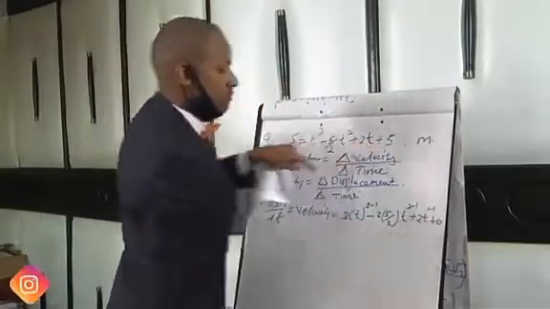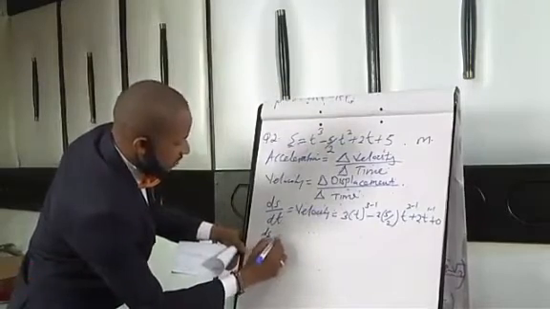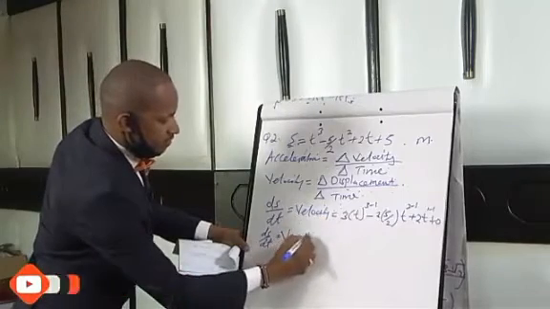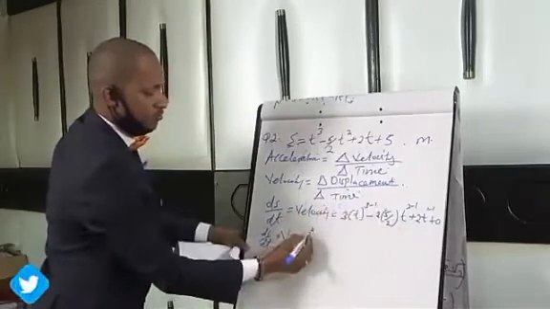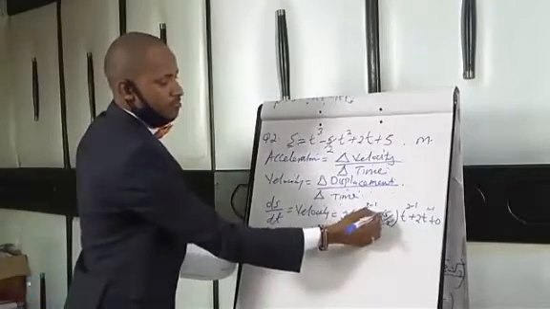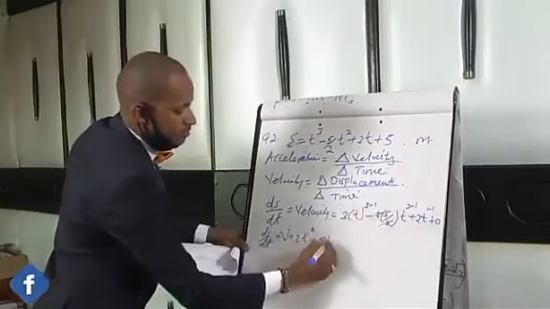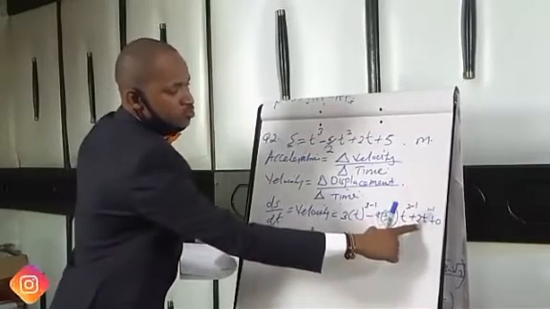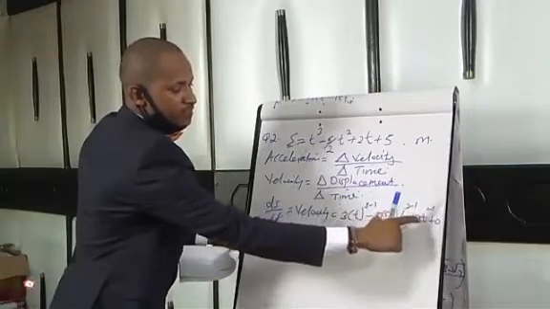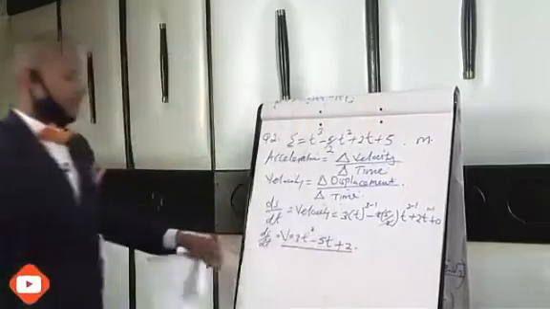Therefore, ds/dt, which is our velocity, equals 3t squared, because 3 minus 1 is 2. The 2 cancels with 2, you get 5, t to the power 1, which is 5t, plus 2t to the power 0. T to the power 0 is 1, therefore 1 times 2 is 2. So this is our velocity.